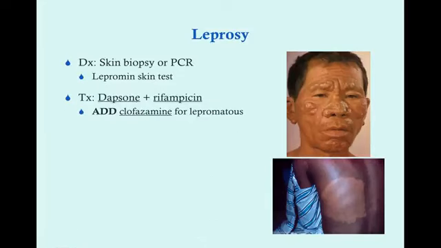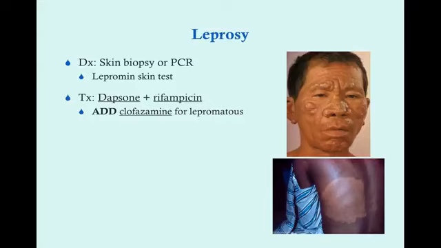To diagnose leprosy, you do a skin biopsy like we did in our vignette, or you can do PCR. There's something called the lepromin skin test. It works very similar to the PPD that we use in TB, but basically what we're doing here is determining how well a patient has cell-mediated immunity to leprosy.